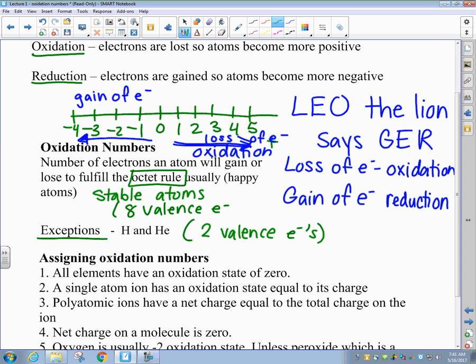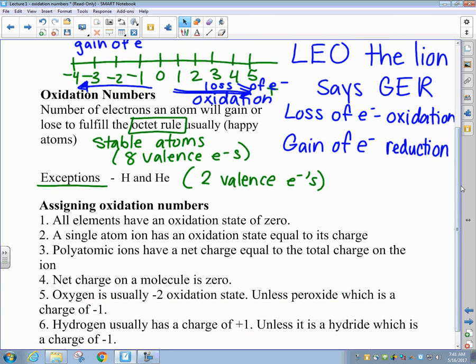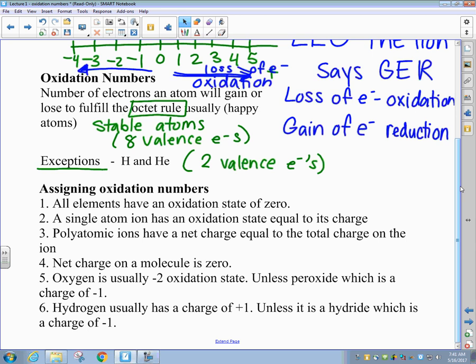Let's take a look at some rules for how we assign oxidation numbers for an atom or an element. Number one, all elements are going to have an oxidation state of 0. For example, if I were to give you elemental aluminum and ask you to figure out its oxidation number, it would be 0.